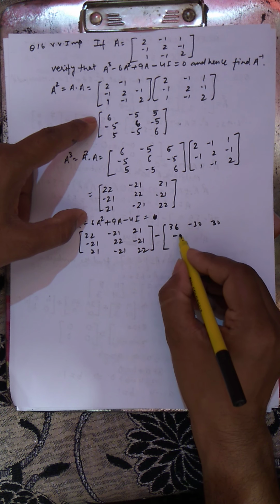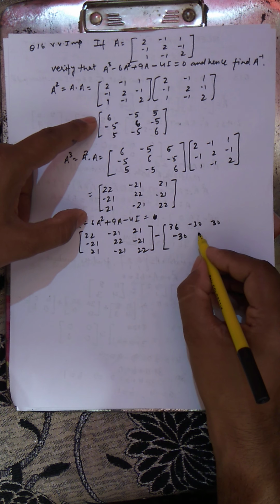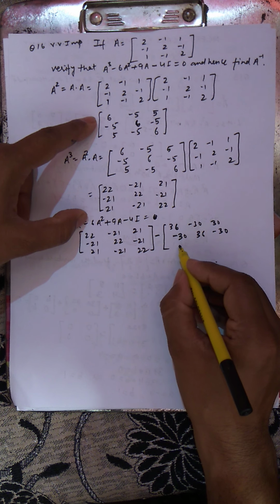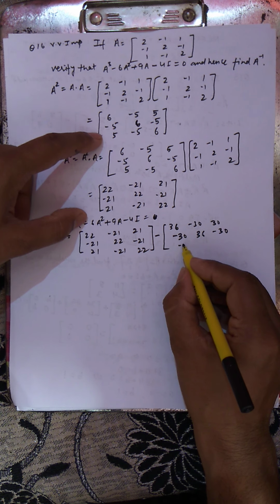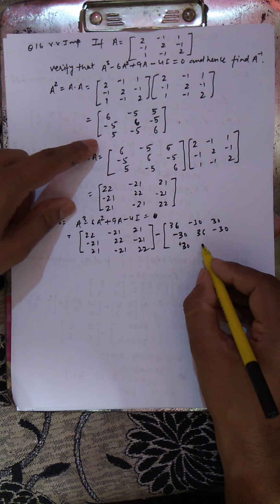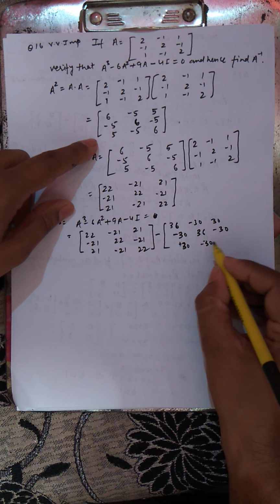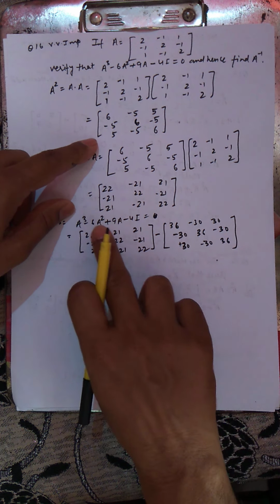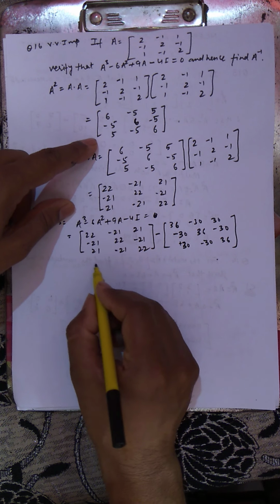This is minus 30, this is 36, this is minus 30, this is 30, this is minus 30, and this is 36. So this is 6A square. Now plus 9A.